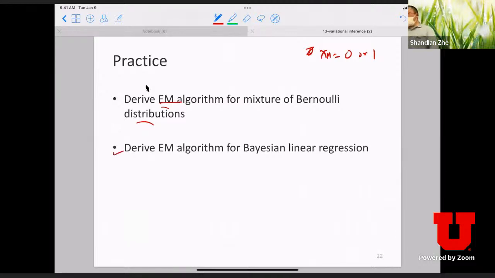The second practice is to derive the EM algorithm to learn Bayesian linear regression. We talked about it before. For Bayesian linear regression, you can assume your weight vector prior is a Gaussian distribution.